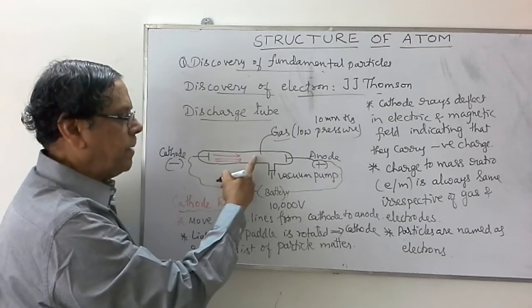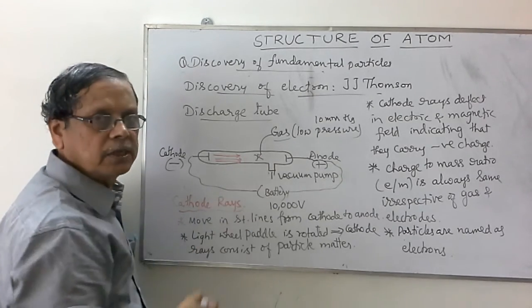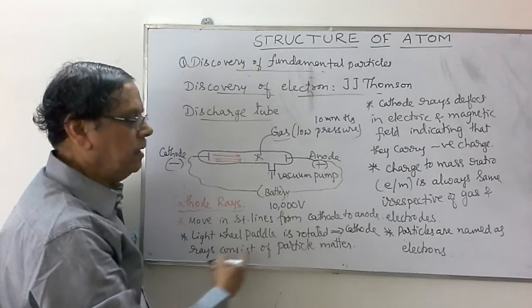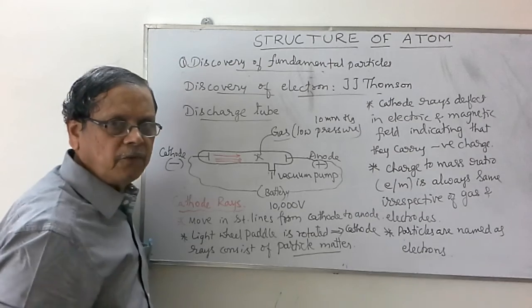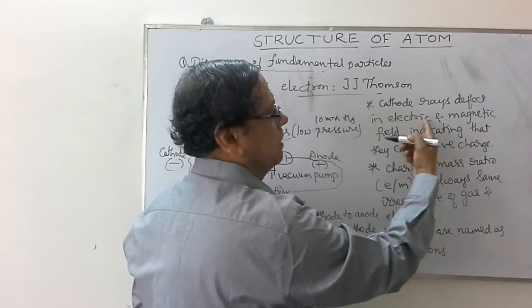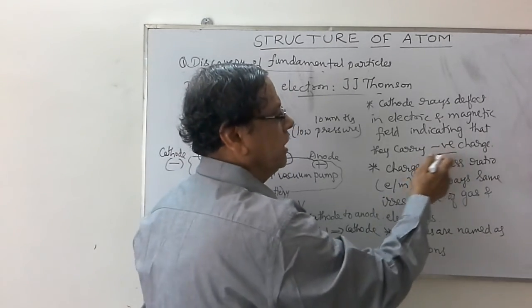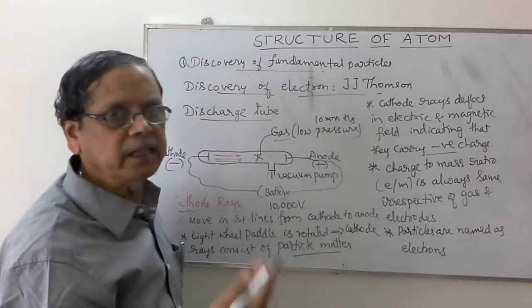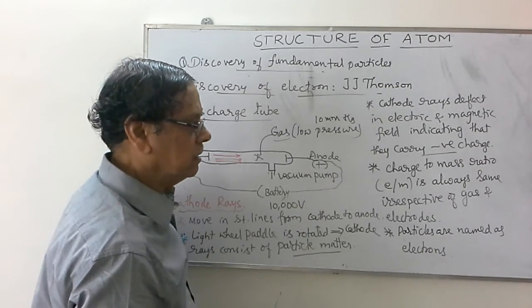And any light paddle wheel placed in the path is rotated by these particles, indicating that this cathode ray consists of particle matter. Then these cathode rays deflect in electric and magnetic field, indicating that they carry the negative charge.